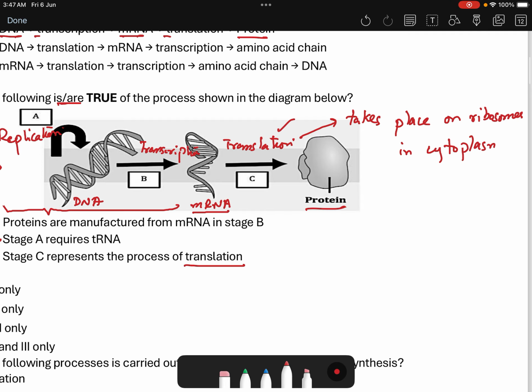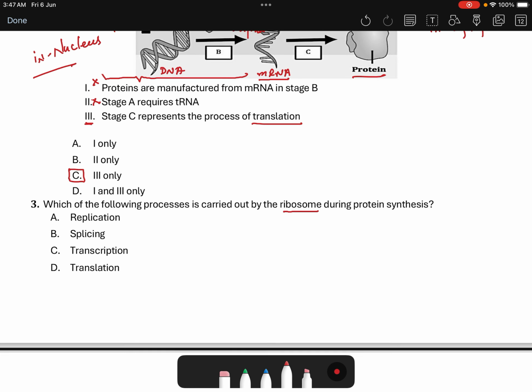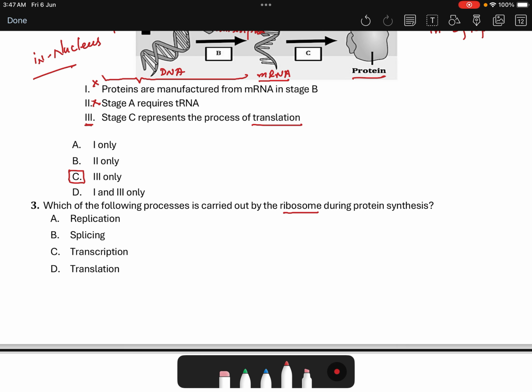So this is good that we have known about the locations of the processes as well. So which of the following processes is carried out by the ribosome? Of course, now we know that this is D, that is translation.